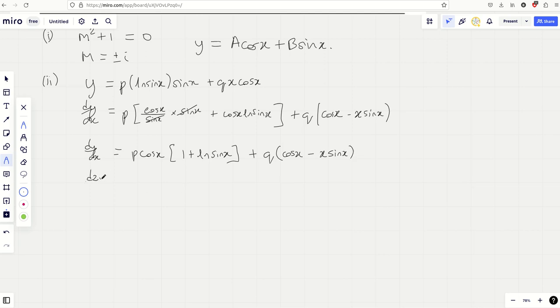Okay, so now I'm going to differentiate again. Differentiate this side, I'm going to get minus p sin x, times this side undifferentiated, plus differentiate this side, well, 1 differentiates to 0, and ln sin x is going to differentiate to cos x over sin x again, times p cos x.